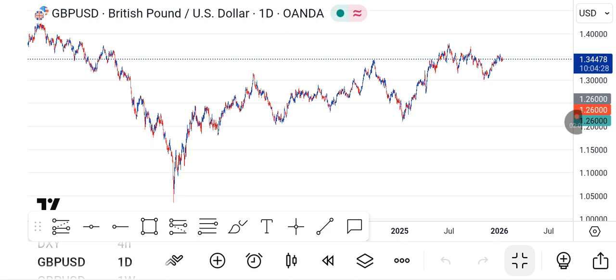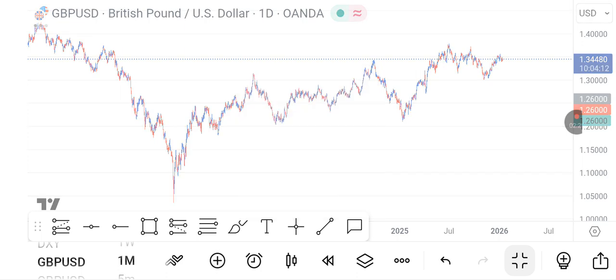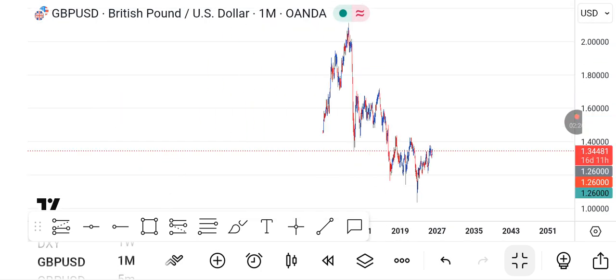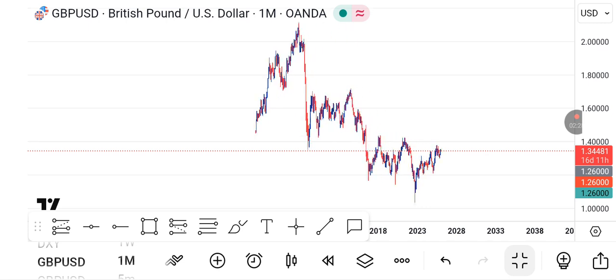Before I go into analyzing my market, I always look at the higher time frame, which is very important. I go all the way to the monthly time frame, the 1 month time frame. I want to see the overall view, what is happening at the monthly time frame.